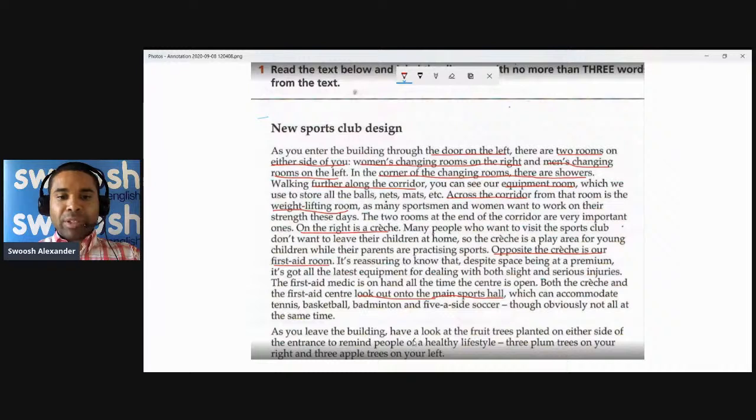As you leave the building, have a look at the fruit trees planted on either side of the entrance, to remind people of a healthy lifestyle. 3 plum trees on your right and 3 apple trees on your left. Okay, so we've got the answers there, haven't we?